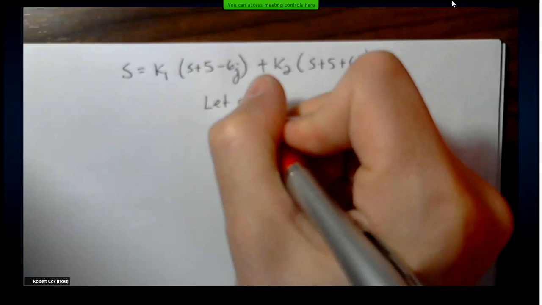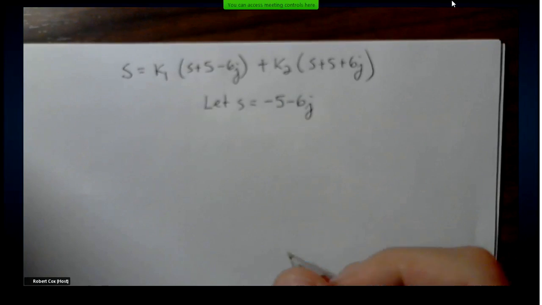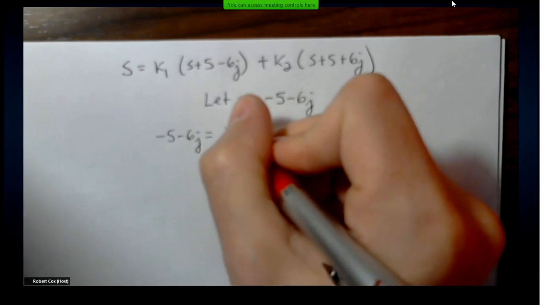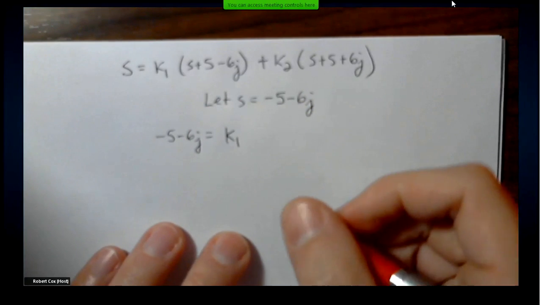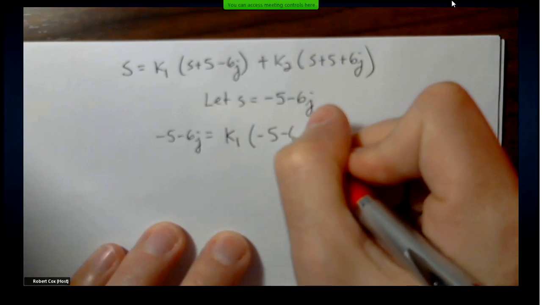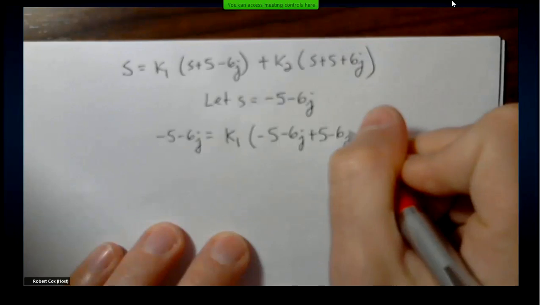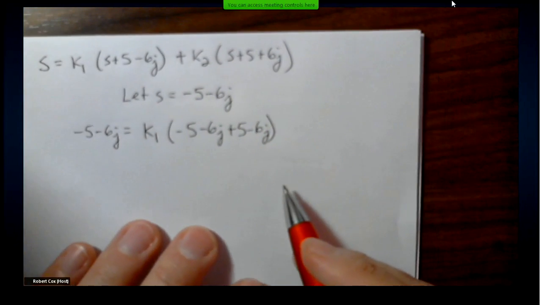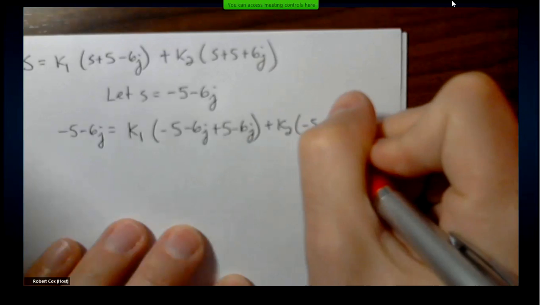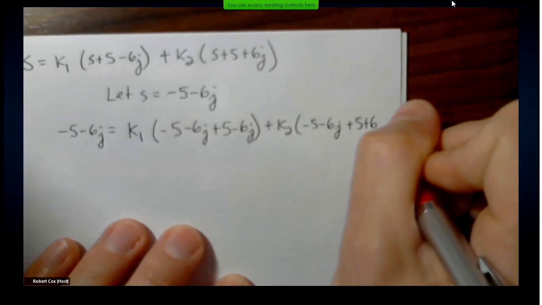Let's let S equal minus 5 minus 6J. Okay, so I get minus 5 minus 6J equals K1 times minus 5 minus 6J plus 5 minus 6J. Okay, that's this term. And then over here I have K2 times minus 5 minus 6J plus 5 plus 6J.